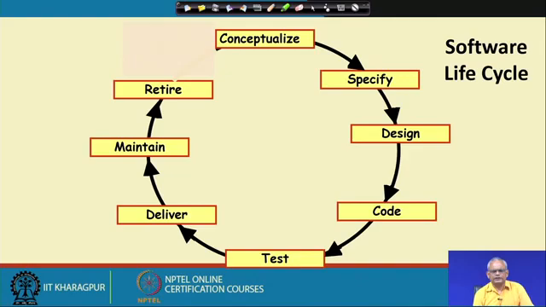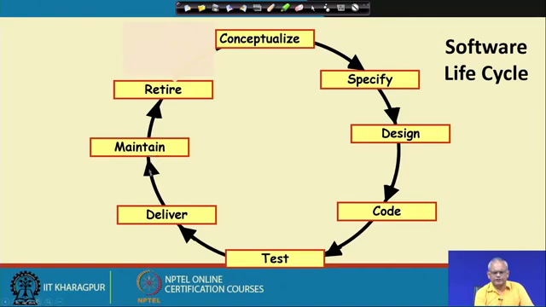Conceptually, you can think that somebody thought of the software. So, that is conceptualization. Then it finds out what exactly is needed, specification, then design the software, code based on the design, test it, install it and deliver.